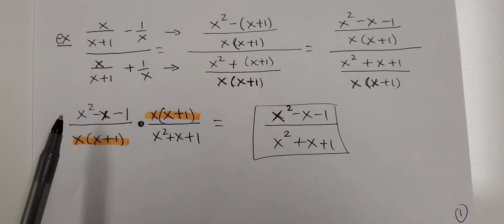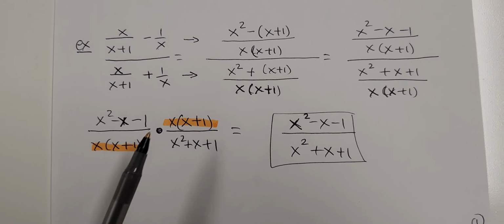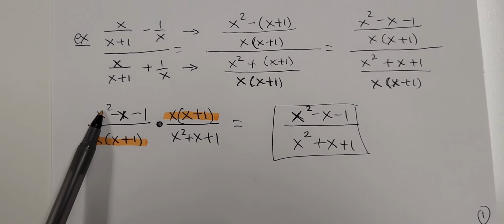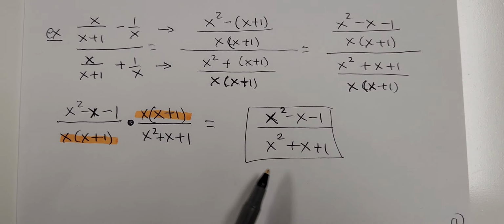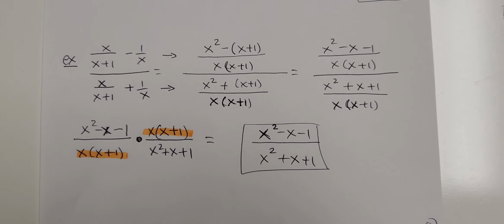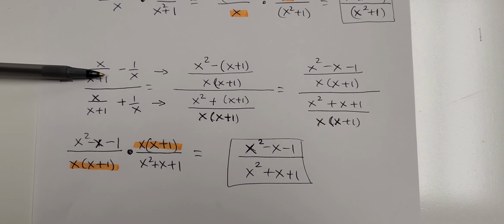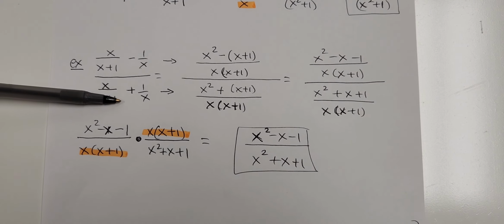Okay, so one more time, factor it out. If you can factor, then factor. If not, leave it alone. Anything that looks the same, we cross out. If you cannot cancel, leave it alone, and that becomes our final answer. Okay, so be very careful. One more time, subtracting fractions, adding fractions, take care of that first.